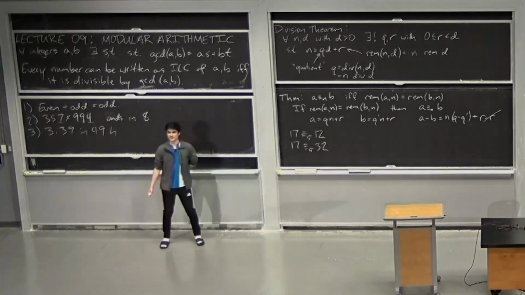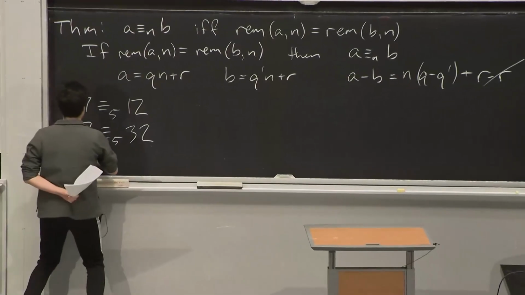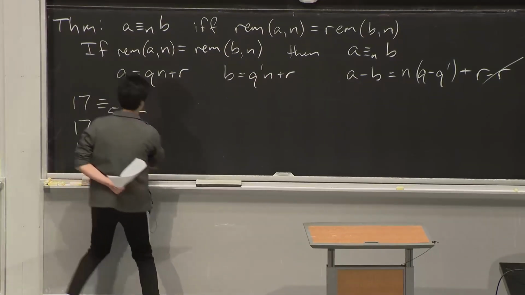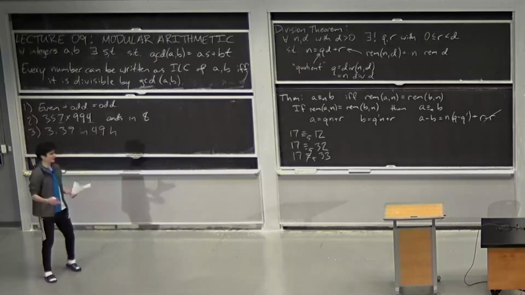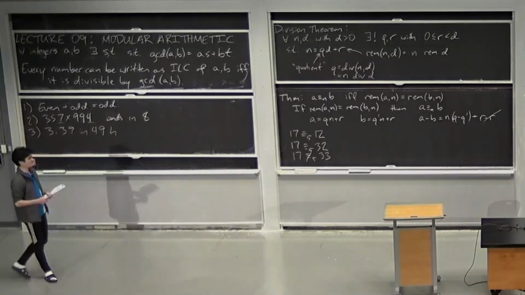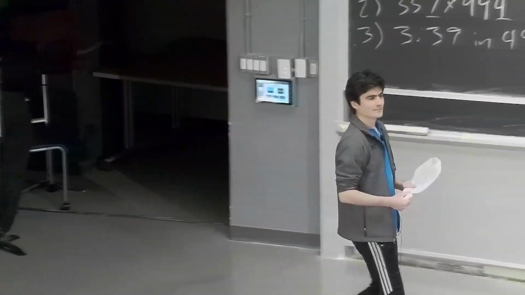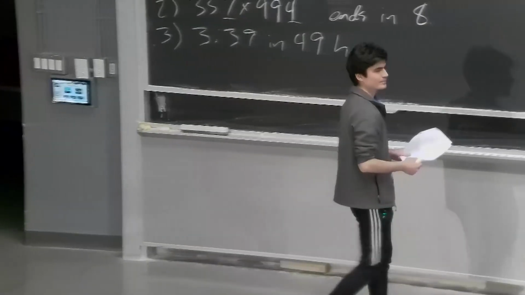Right? If you subtract these, you get negative 15, same deal. It's not congruent to 33. Okay? If you subtract those, you get negative 16, which is not a multiple of 5. Okay? Any other questions? Yeah.